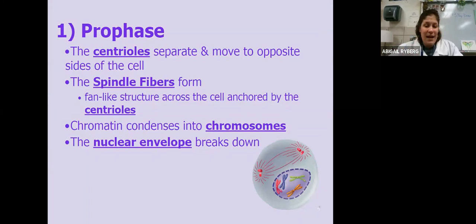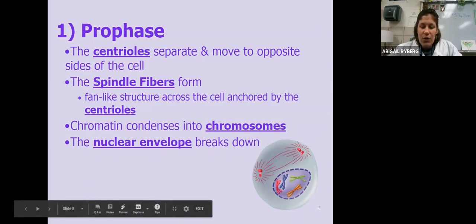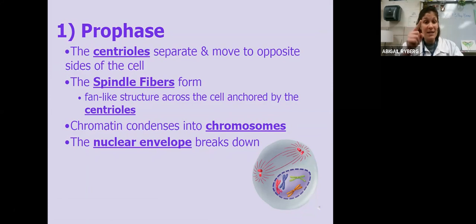And then the last thing that happens towards the end of prophase is the nuclear envelope begins to break down. Up until this point, the DNA is stuck in the nucleus and it stays safe there. All during interphase, our DNA is stuck in the nucleus. What's going to have to happen in order for the cell to divide is the nuclear envelope totally dissolves, and that's what is going to allow the DNA, I call it, free range in that cell, and we'll see why in just a second.